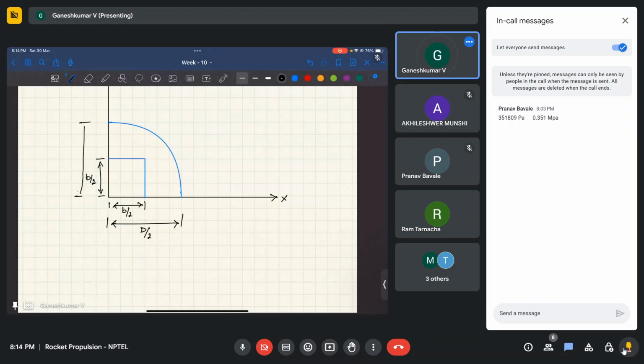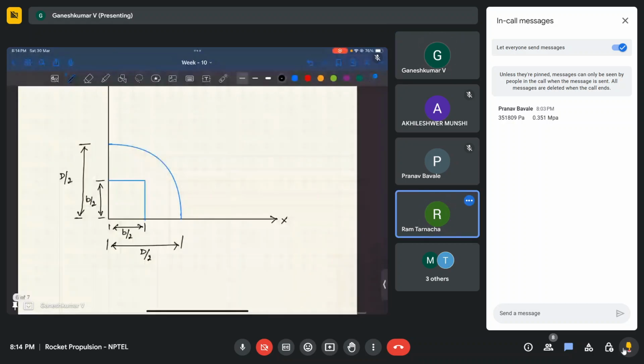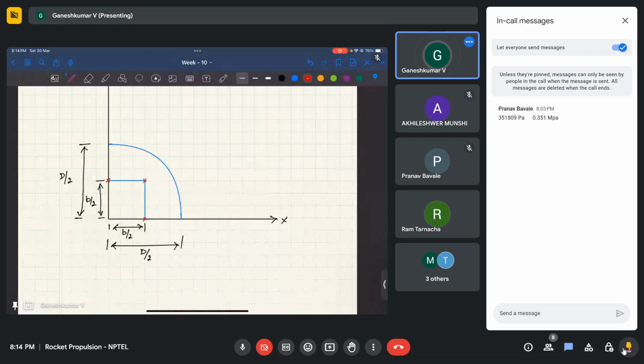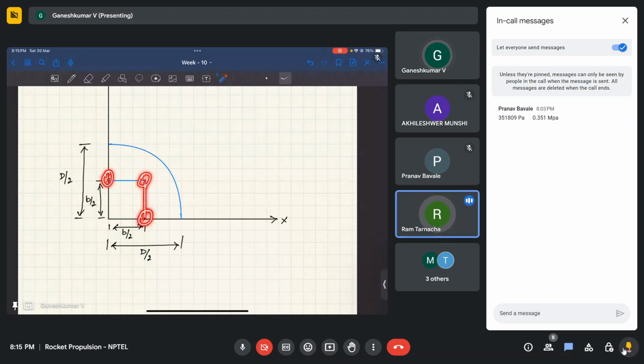Now what we have is a number of points here. These red points, in addition to these lines, are going to regress. That much we all know. So this is our initial surface area.